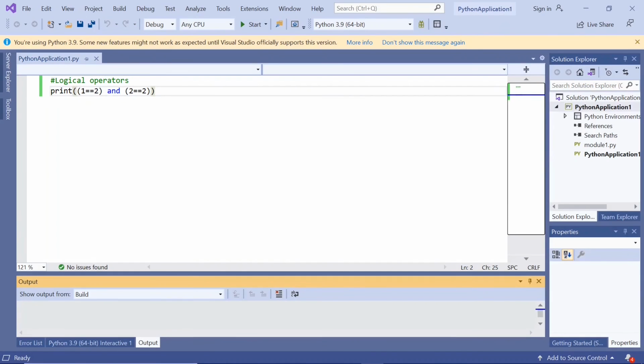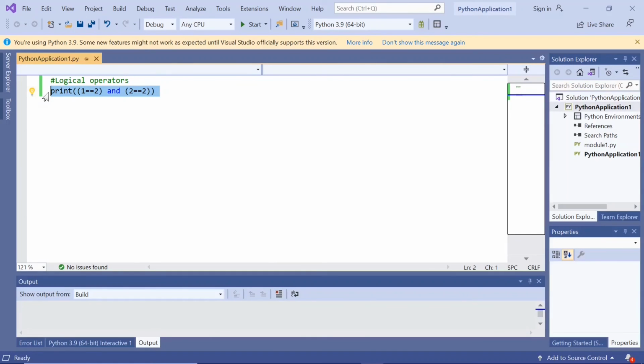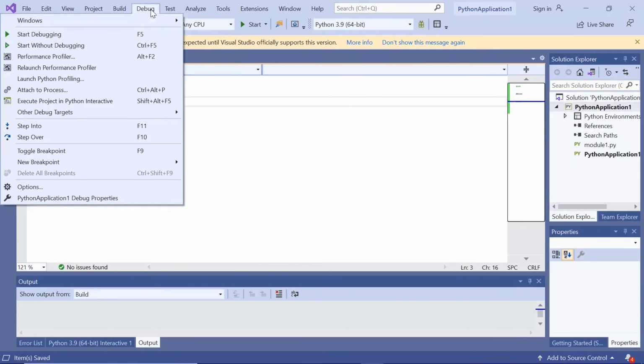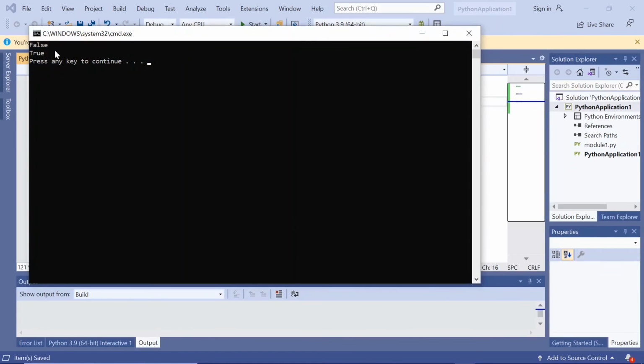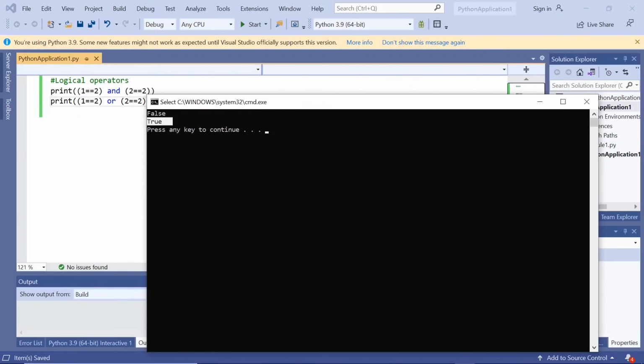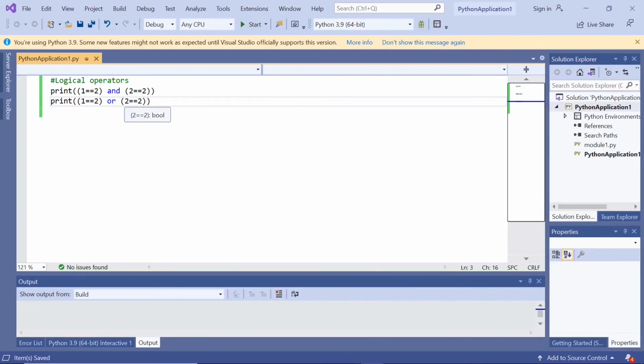Now if we take the same thing and say OR instead of AND, and let's run it, we get true, because with the OR operator only one of those conditions should be true. This condition is true, so this or this.